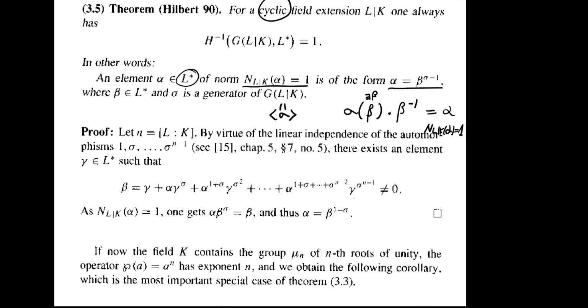If now the field K contains the group mu n, as root of the unity, the operator has exponent n.